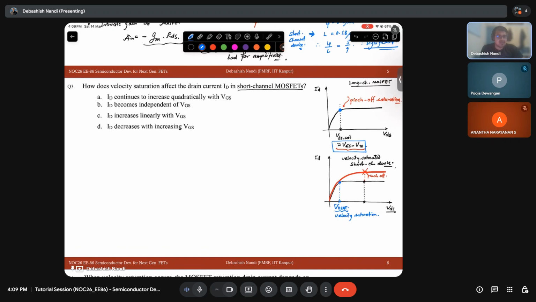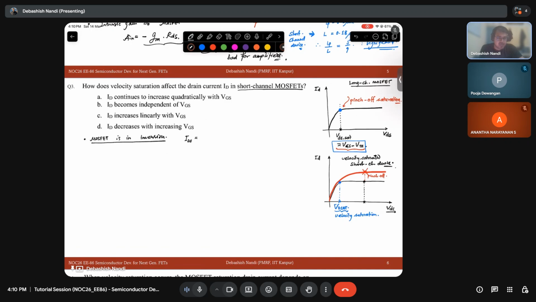So first thing is what velocity we are talking about. Let's say your MOSFET is in inversion, that we will assume. So what is the type of current we should have? Your drain current IDS, the transport mechanism in inversion is what?